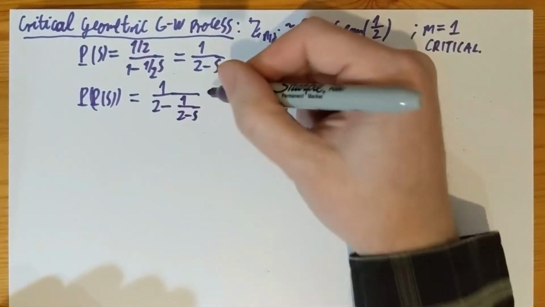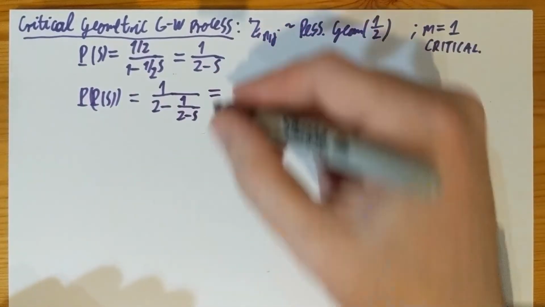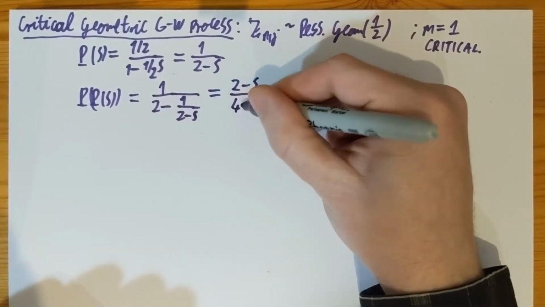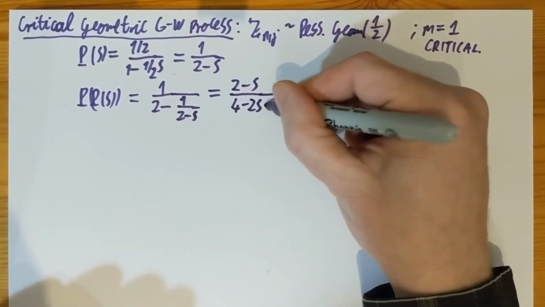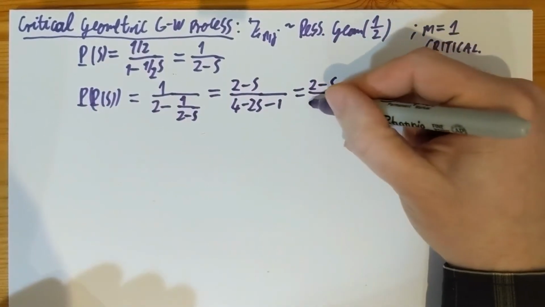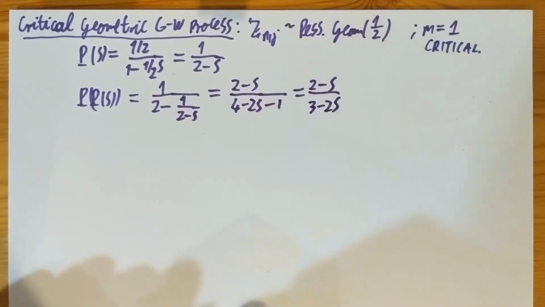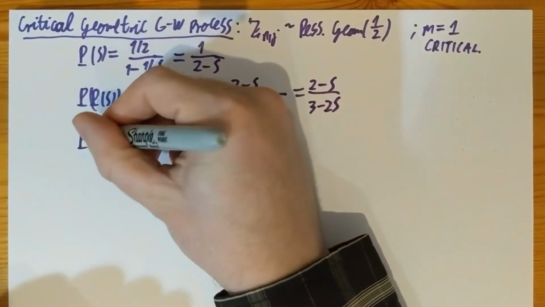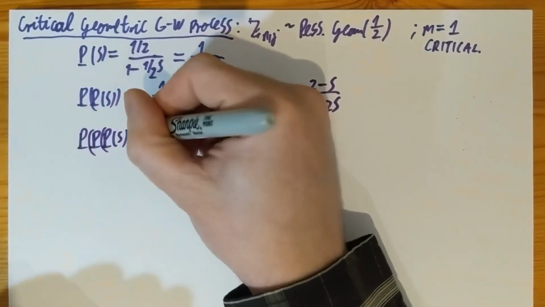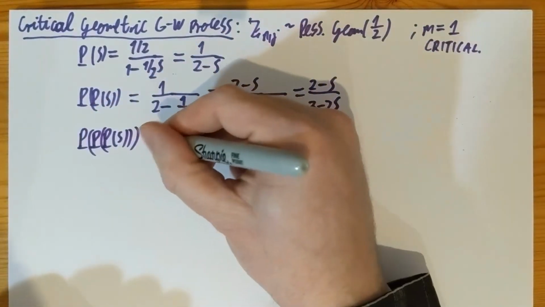Okay, let's multiply both numerator and denominator by 2 minus S, so that gives me 4 minus 2S minus 1, so this is 2 minus S over 3 minus 2S. That's the generating function for the number of individuals at time 2. Let's do P of P of P of S. What do I need to do?